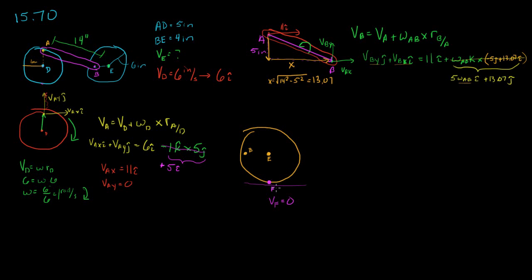So we can figure out what this velocity of B is.